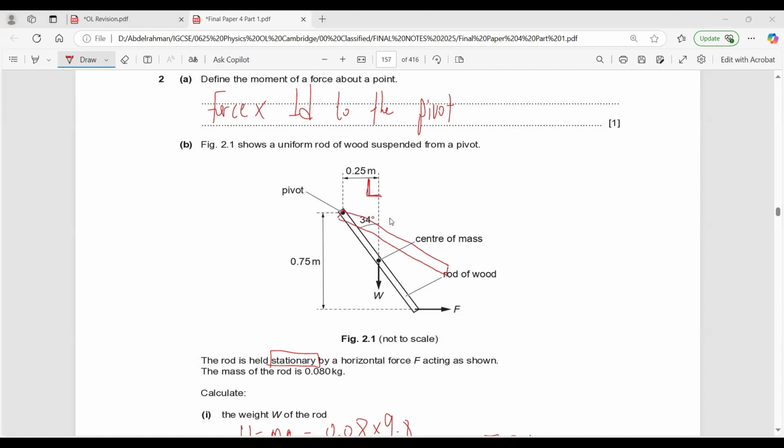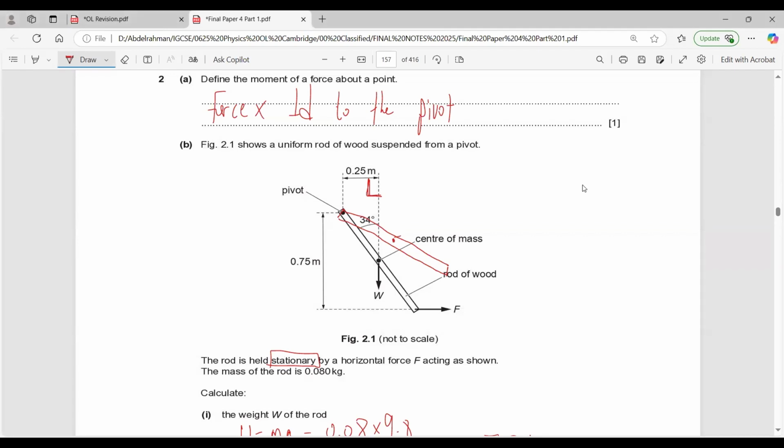I think it should decrease, or should it increase? No, it will increase. Why will the force F increase? Can you find the distance between the center of mass and the pivot? This is the center of mass.